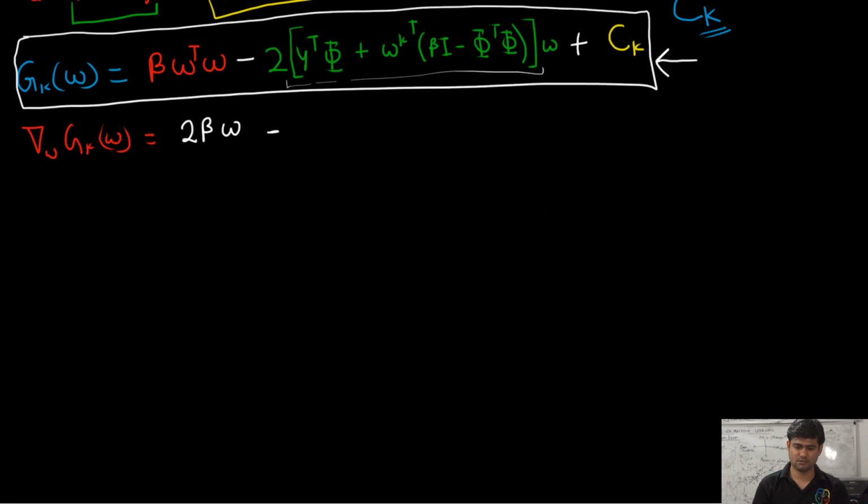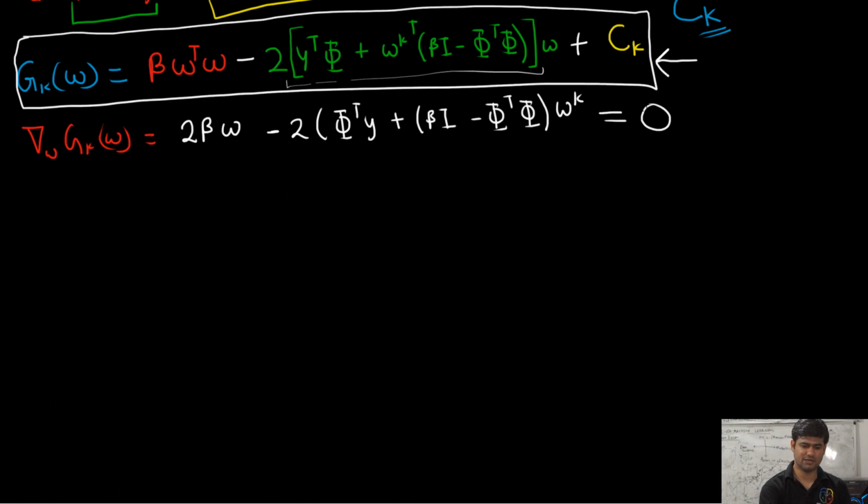So this would be twice of phi transpose y plus beta times I minus phi transpose phi times wk. And we set it to 0 to obtain the solution.